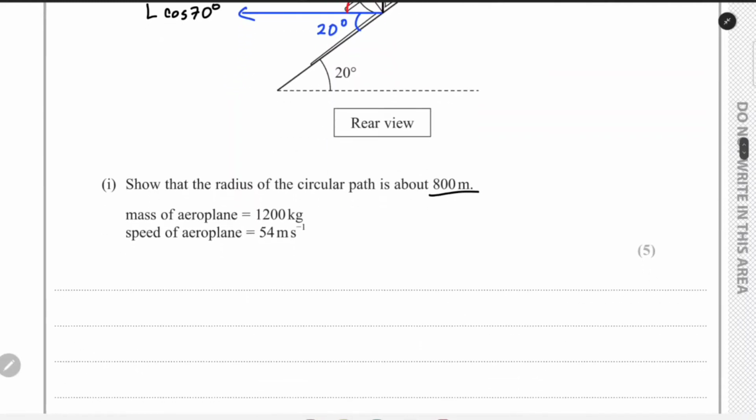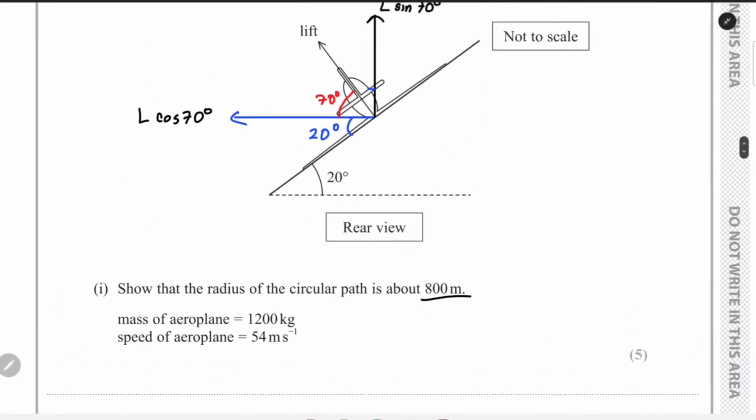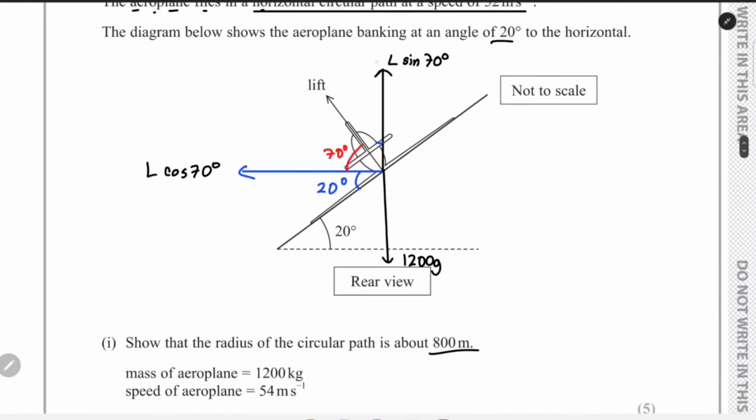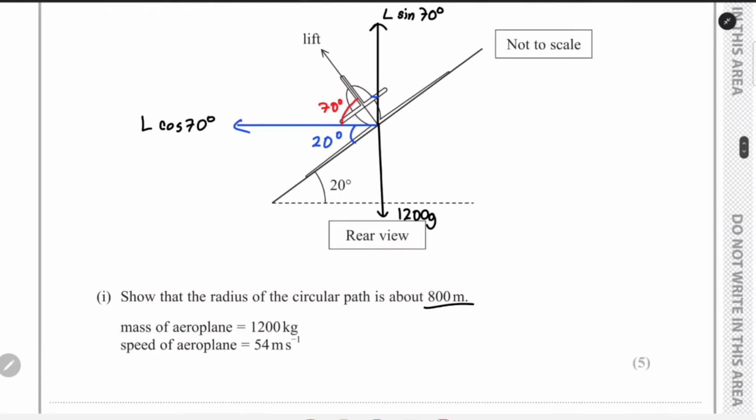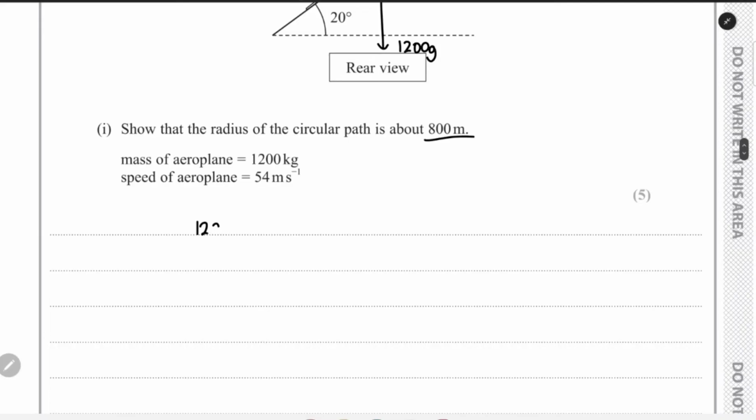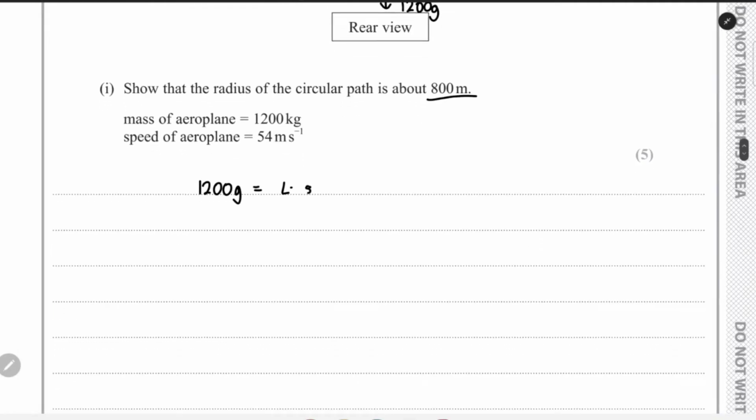Now we know that the mass of the aeroplane is 1200 kg. So this downward force is 1200 kg times g, so 1200 g. The lift will balance the downward force. So 1200 g is equal to the lift times sine 70.